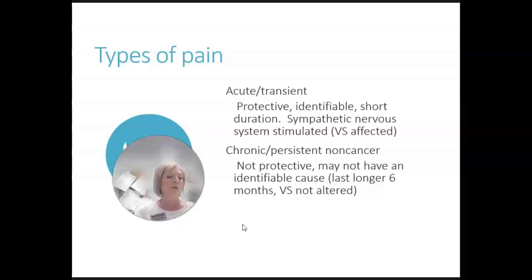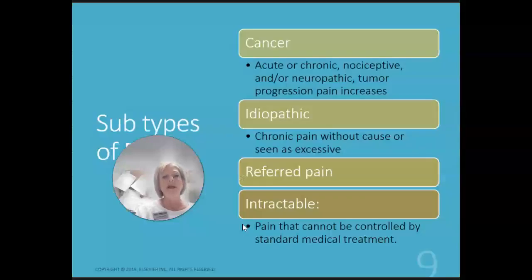Someone that has chronic pain like that, their vital signs may not be altered. So a lot of times as nurses, we're like, well, they're not having pain because their vital signs are all fine. That doesn't necessarily mean that they're not having pain. Sometimes patients have just adjusted to that chronic pain and the vital signs haven't changed. So be aware of that when you're doing your assessment.